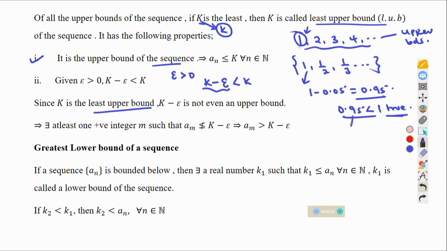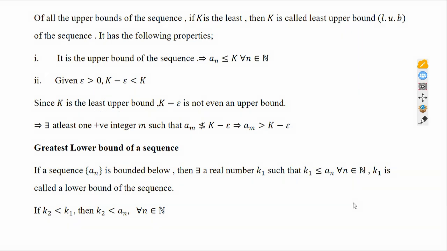In other words, when we talk about 0.95, there will be some terms that might be greater than 0.95.